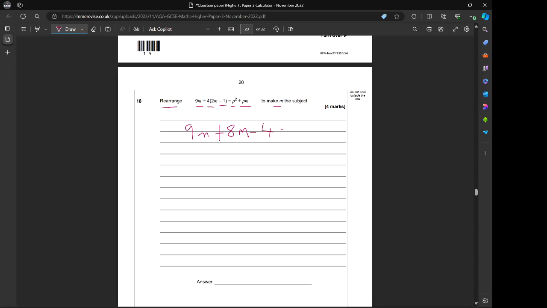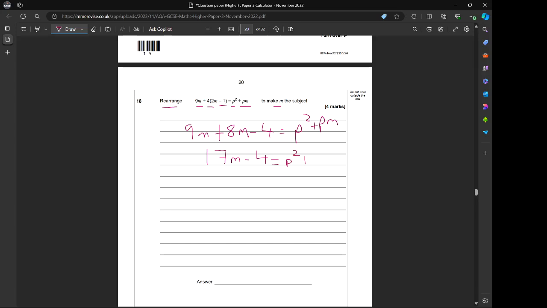That's equal to p squared plus pm. I'm now going to collect like terms. So 9m plus 8m, that'll be 17m. So 17m minus 4 equals p squared plus pm.